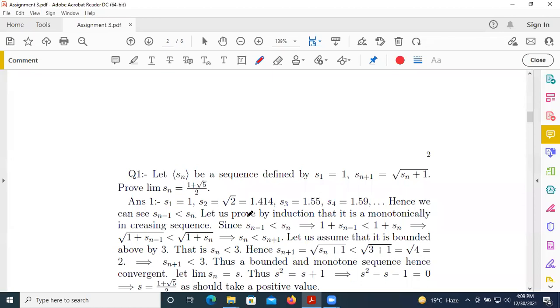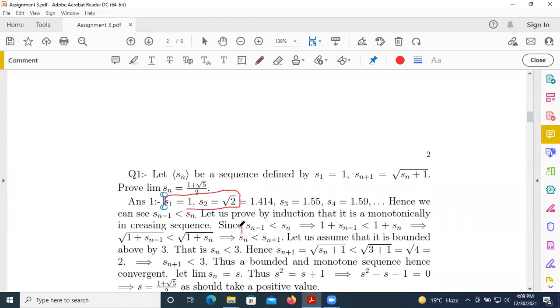So by the mathematical induction method, this given relation is true for all n belonging to natural numbers. So here we see that S1 is already less than S2.